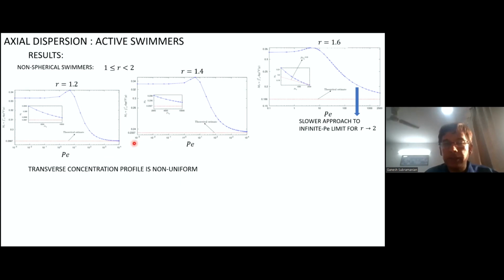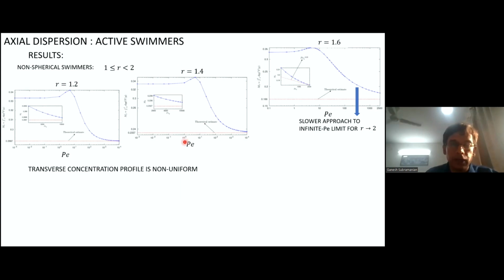That finite value implies that there is no centerline collapse. So the profile is non-uniform, but the variance approaches a non-zero value in the limit of infinite Peclet. Though that non-zero value, as you can see from these three plots, decreases as the aspect ratio increases, because you're approaching that critical limit of 2.